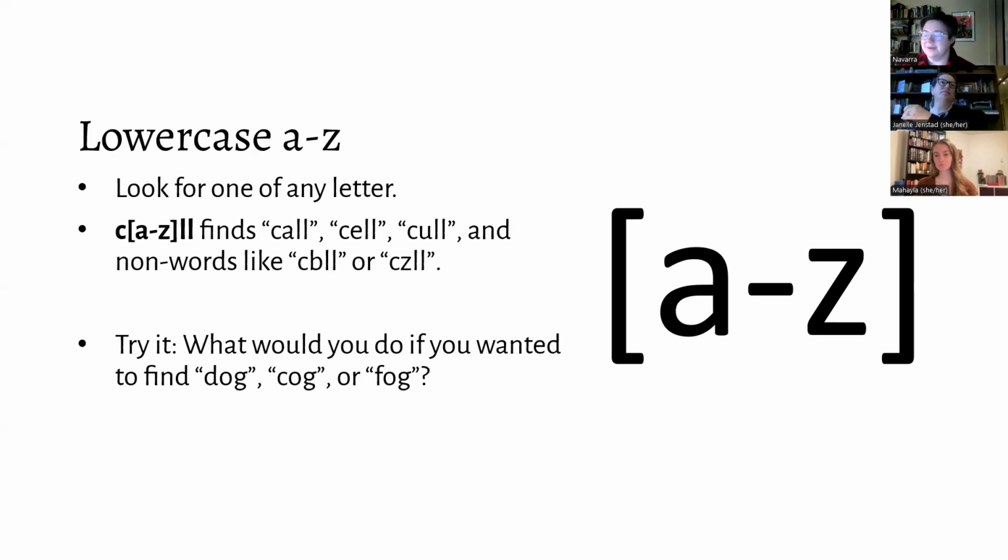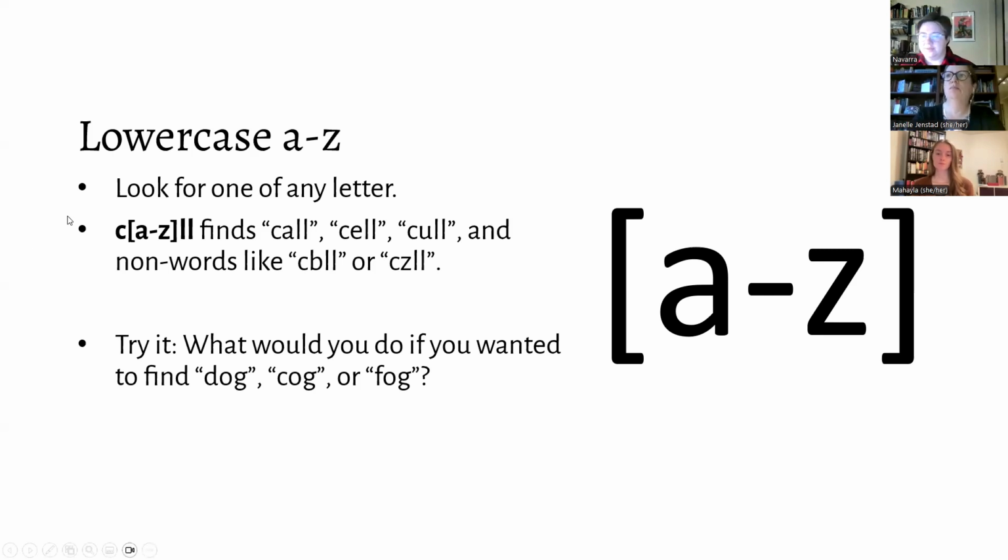We're going to type our square brackets to say, look for something that's inside of these square brackets, and then just put in lowercase a dash z. This will look for any lowercase letter because you'll remember we're using the square brackets to look for an individual character, but now we're just giving a span rather than a list.